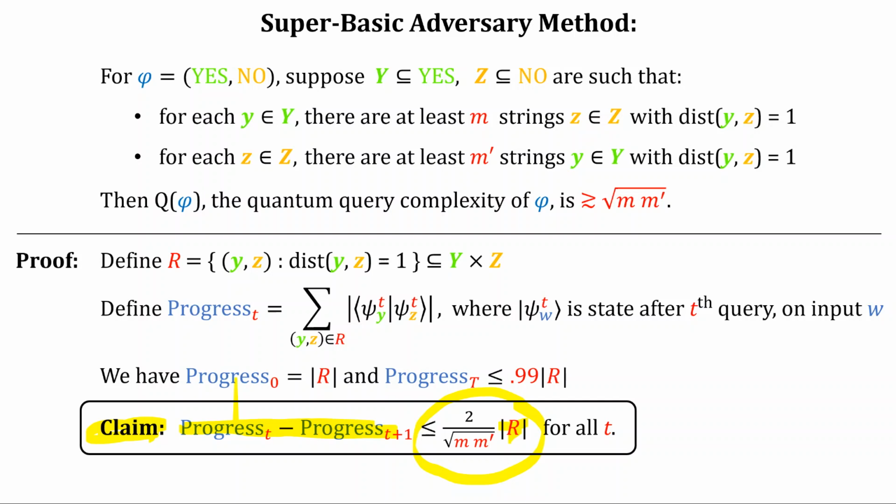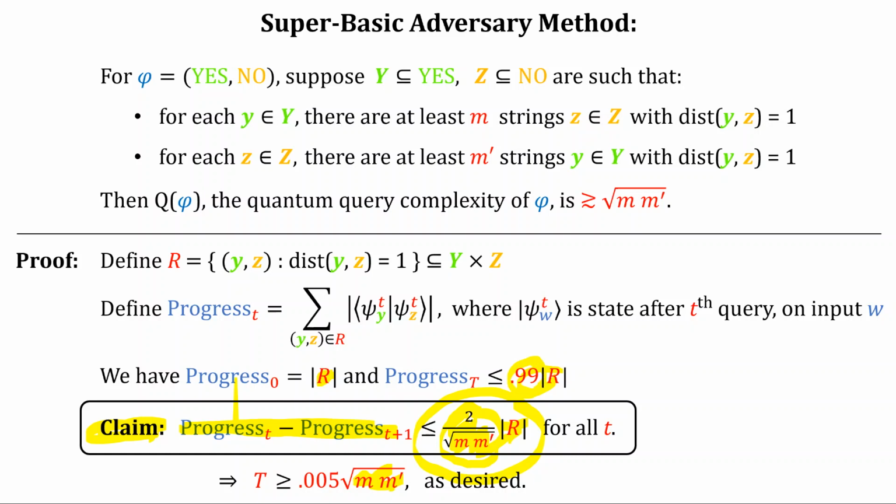And that's actually going to prove the theorem, which is great because you see progress starts at cardinality of R, it goes down to 99% of that, and as it's going down, at each step, it can only go down by a fraction of R, which is like 2 over root m m prime. So basically you need the reciprocal of this many steps, root m m prime over 2 steps. Well, again, times 0.01 because you only have to go 0.01. Don't get too hung up about the constants.